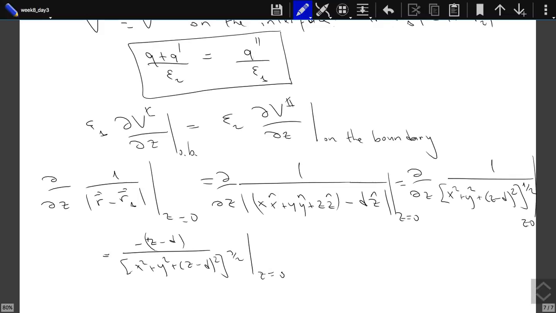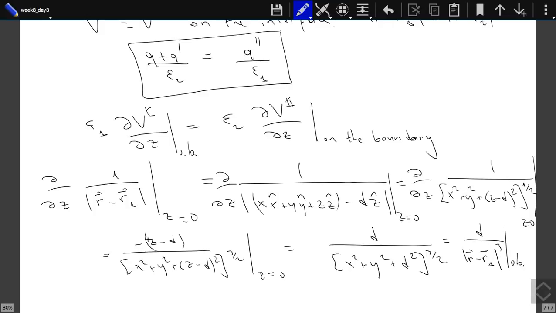I just took the derivative. Now when I set Z equal to 0, this is just D over X squared plus Y squared plus D squared to the power 3/2, which is equal to D over the magnitude of R minus R1 cubed on the boundary.